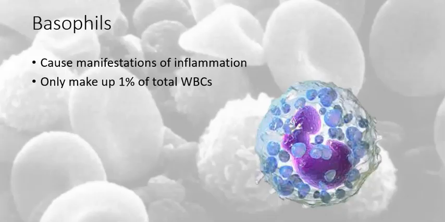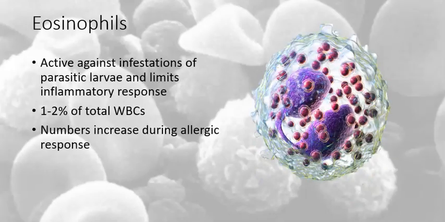Basophils, only 1% of total white blood count. These cells are the cause of signs and symptoms of inflammation. The function is they act on blood vessels, both general inflammation and inflammation of allergic reactions.